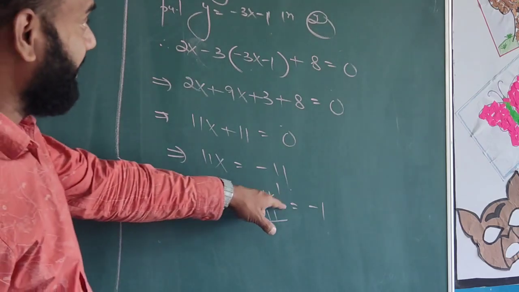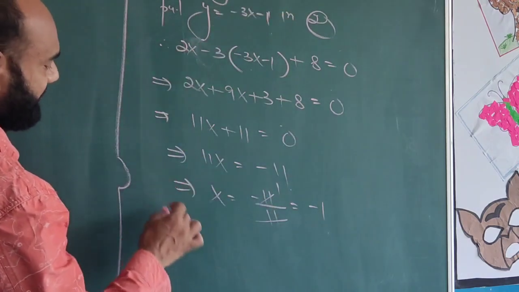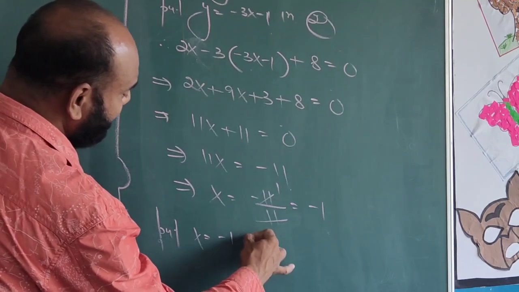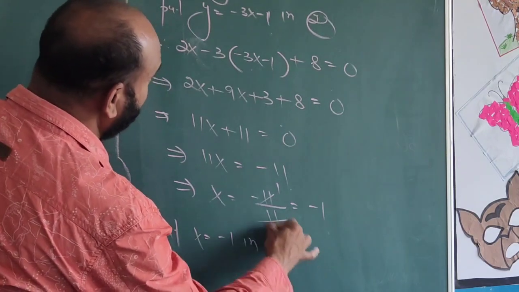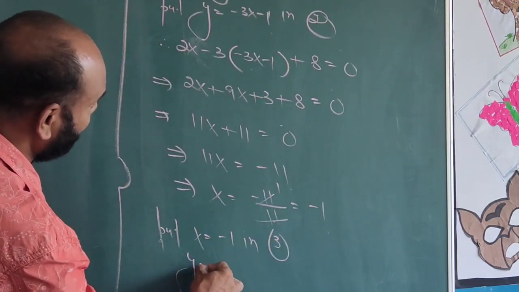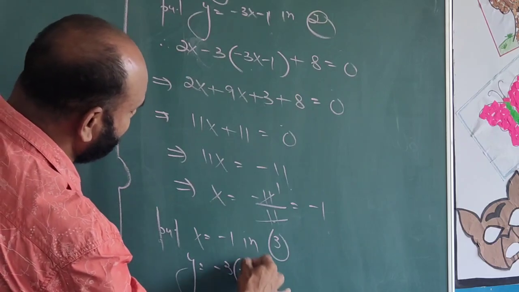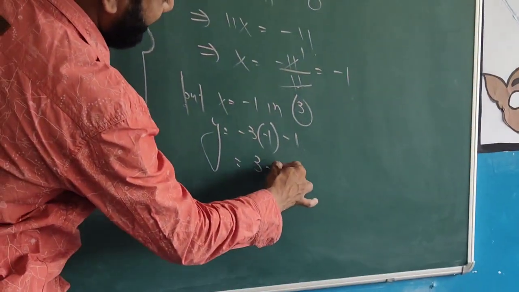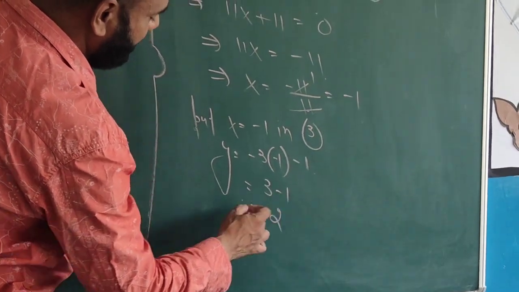Now put x equal to -1 in equation number 3. We get y is equal to -3 times (-1) - 1, and minus and minus make plus, 3 - 1 equal to 2.